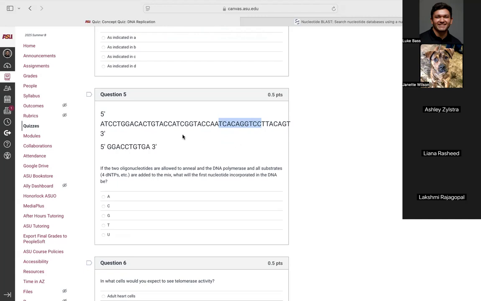Okay, so ultimately, you're just going to be looking at this nucleotide or this one. The nucleotide that's complementary to the A will be the first one incorporated into the DNA, just because this will bind. Since it's a reverse primer, this one will be read first, so it's whatever's complementary to the adenosine.